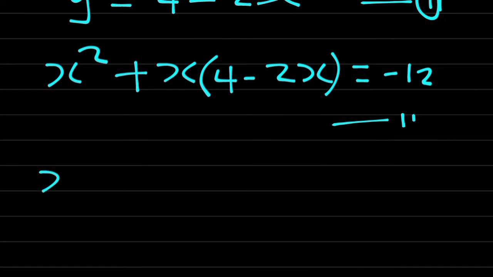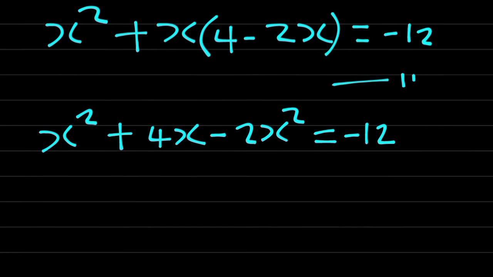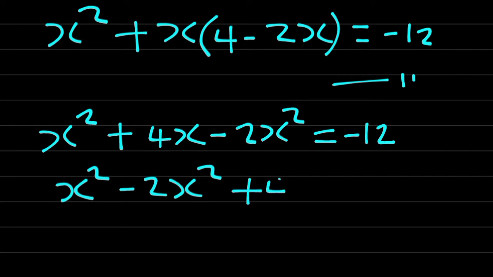So the first thing we have here is x squared, then plus, we will open the bracket using x, so x times 4, I have 4x minus x times 2x, we have 2x squared, is equal to minus 12. So let's collect the like terms. I have x squared minus 2x squared plus 4x is equal to minus 12.